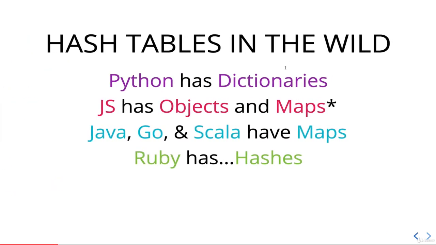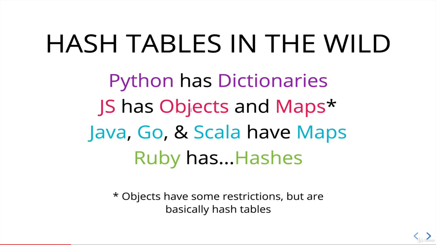So here's just a quick overview from certain languages. These are what their implementations of hash maps or hash tables are known as. So Python has a dictionary or dict. JavaScript has objects and maps. And I did put an asterisk here because in objects, you actually are only allowed to use strings as keys, but it's the same idea. Behind the scenes, it's implemented basically as a hash table.